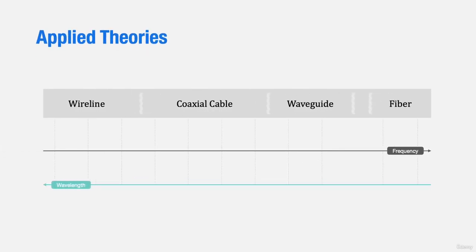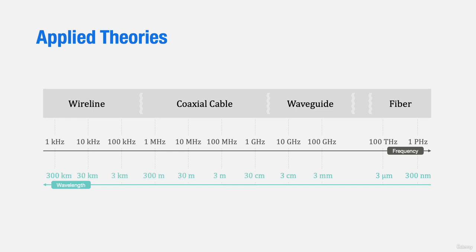In this diagram, the left side represents the lower operating frequency and the right side represents the higher operating frequency. The right side represents the shorter wavelength and the left side represents the longer wavelength. It illustrates the theory we can use when dealing with different signal frequencies or wavelength.